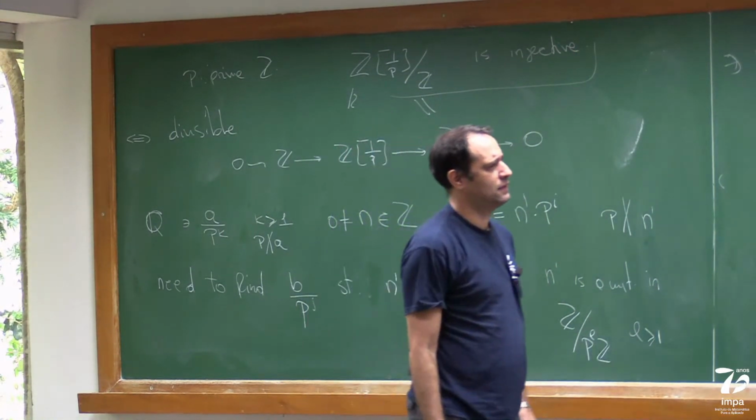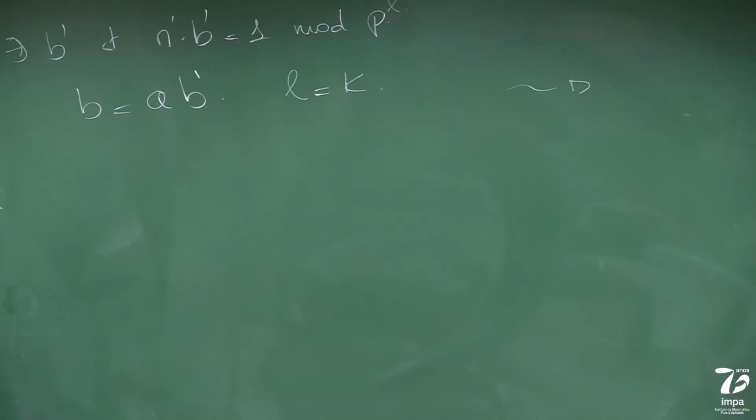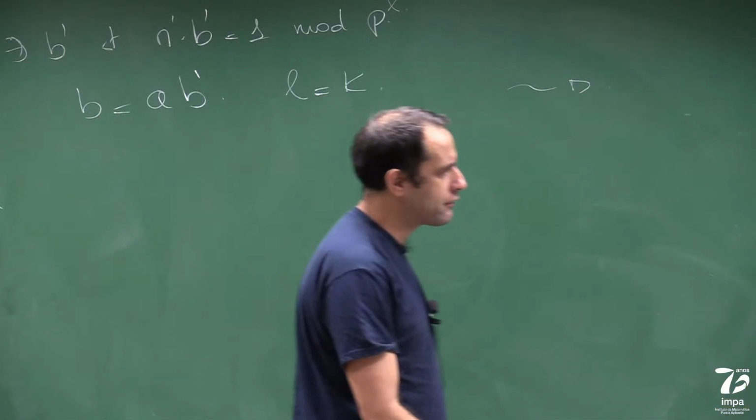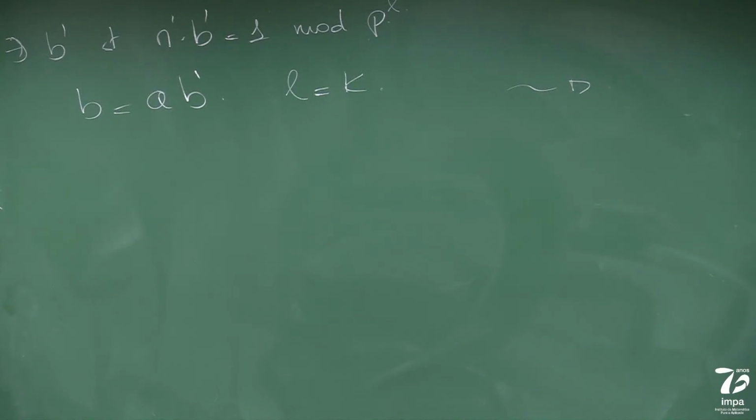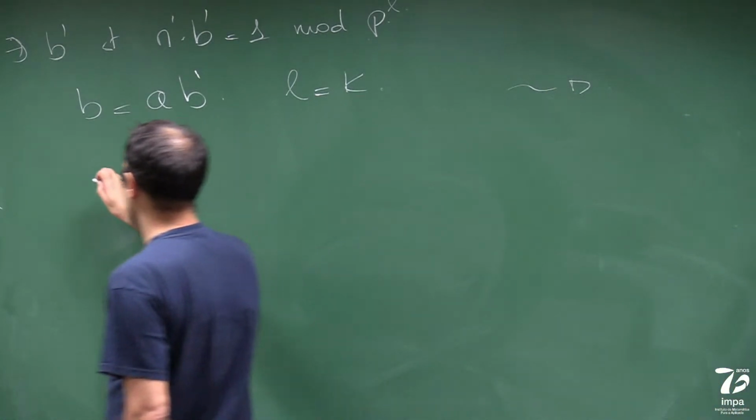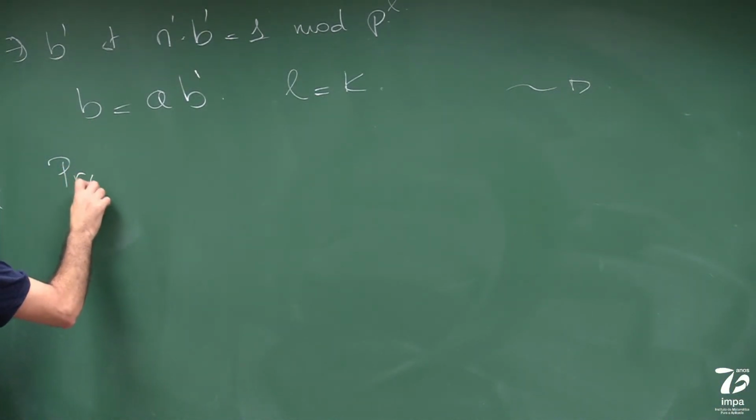And so that gave us a bunch of injective abelian groups. Essentially every injective abelian group is a product of elements of this form. And so perhaps I should say that too. So product of injectives is injective.